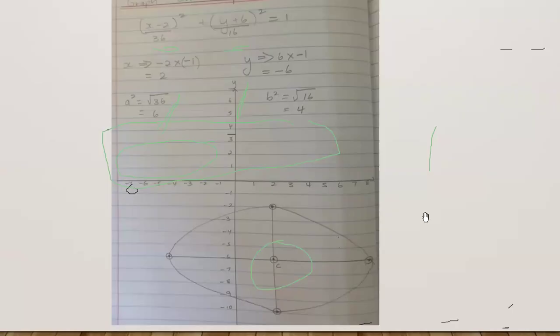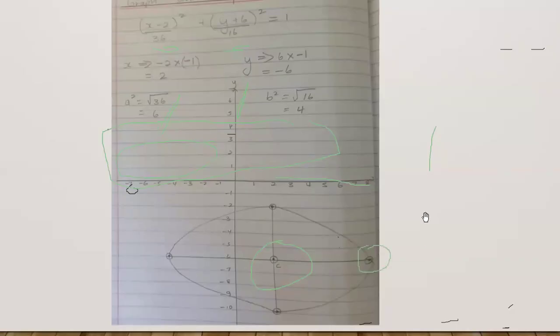Then we go to our center and we count from it. a is across the x axis, so we count 6 to our right. There is where we have our point.